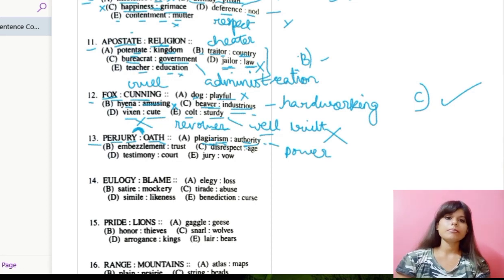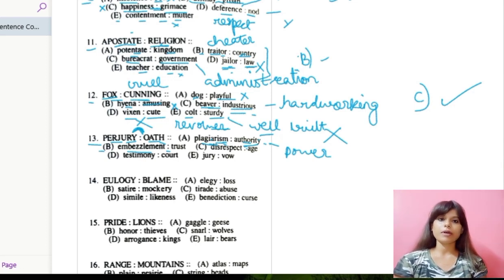Number B is embezzlement and trust. Now, embezzlement means theft or misappropriation of funds placed in one's trust or belonging to one's employer. Like suppose you have given funds or money to someone, and that person is either stealing that money or not being able to give proper expense list that the money has been spent in this way.